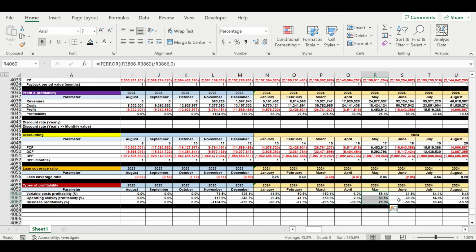So you will get a huge piece of information that will be very useful for you. And that's why I decided to show you these 3 different types of profitability. It doesn't matter how we call it, but I just want to share with you the essence of these three parameters. I hope this will help you when you start creating your own business.